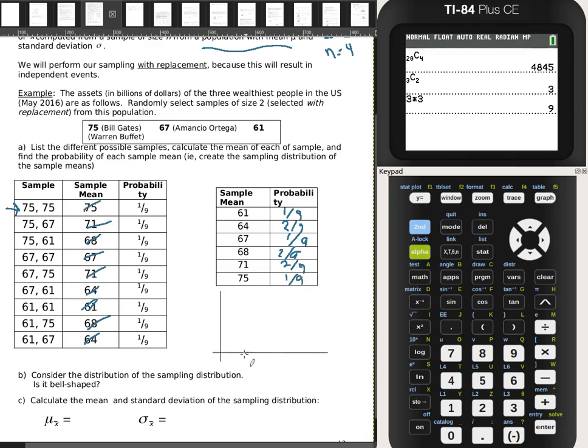And so we can plot this if we wanted to. Maybe a histogram or something. This one can be 61, and this is going to be a pretty basic looking graph. 61 can go up to here, and then maybe 64, 67, 68, 71, 75.